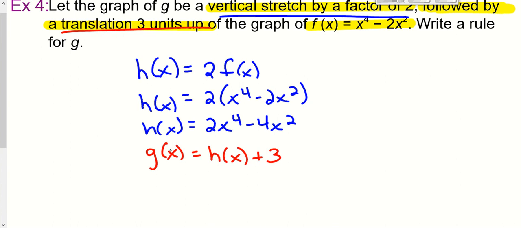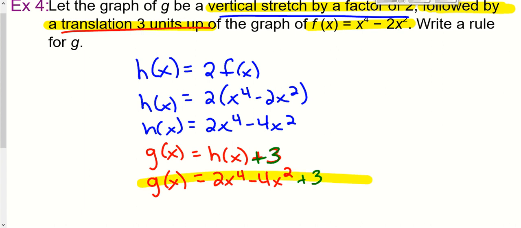So we write down our h of x function, which is 2x to the fourth minus 4x squared, and put that plus 3 on the end. So there's our g of x function. There wasn't a whole lot to that one. It was just 2 steps, so you've got to make sure you get both of them. All right. That is 5.7.